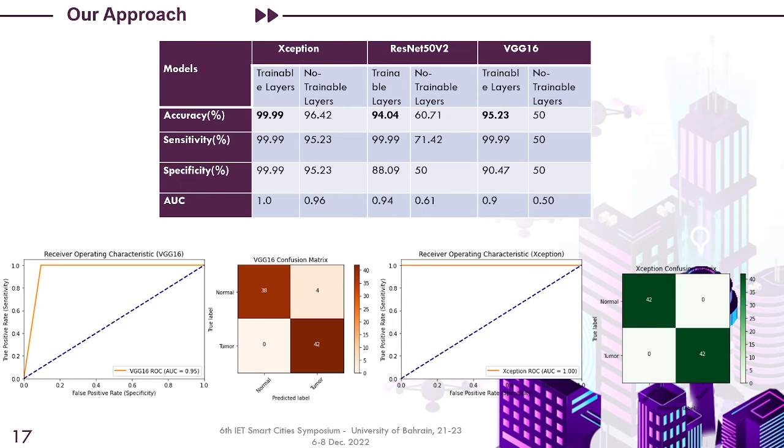From the obtained evaluation results, we can declare that using a pre-trained model without enabling the layers to train will not achieve great results, as opposed to allowing them to do so. In our case, it is clear that the Xception with trainable layers had 99.9% accuracy, which made it the most suitable model for our breast tumor detection case.